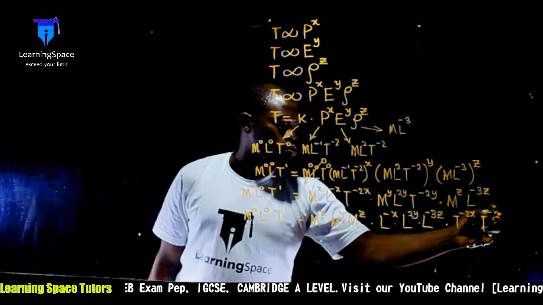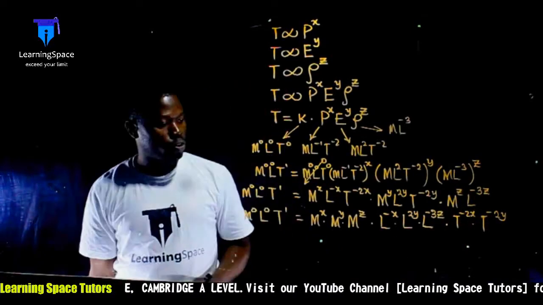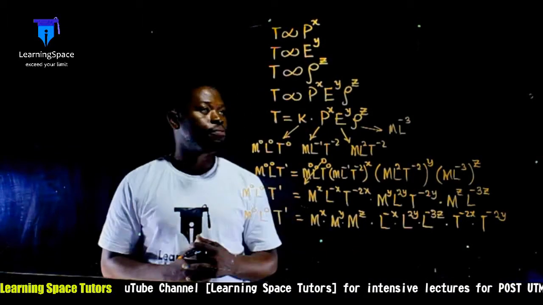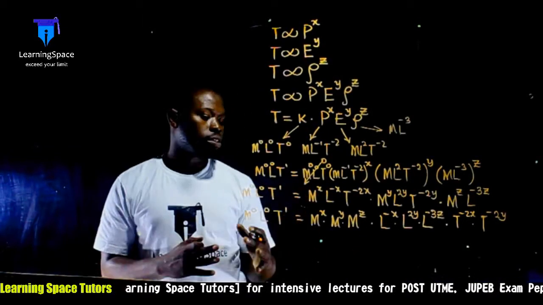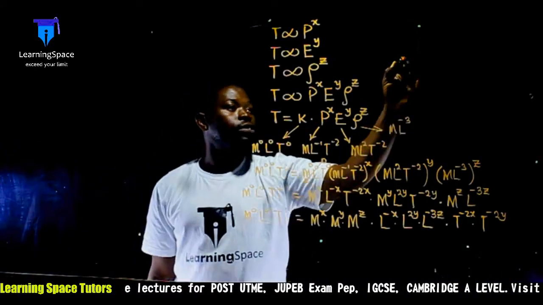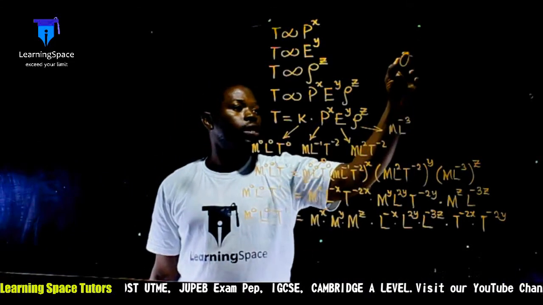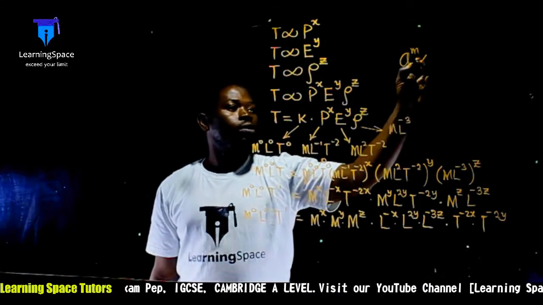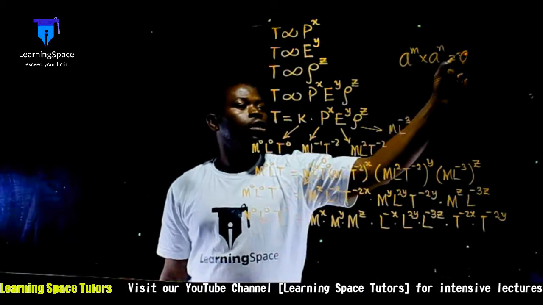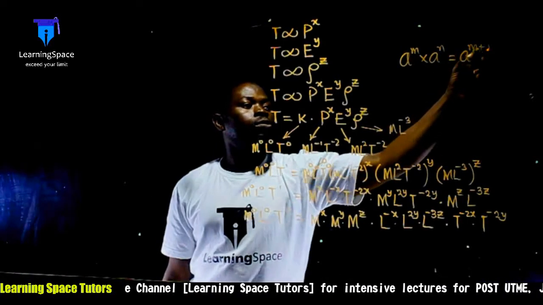Okay, so we will now simplify the entire expression using this principle of indices, knowing fully well that a^m times a^n is equal to a^(m+n).